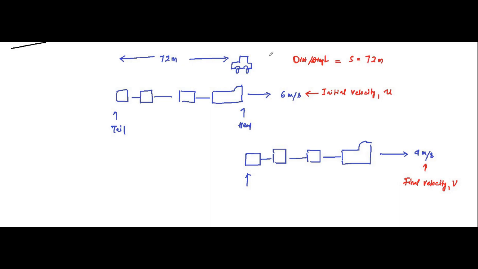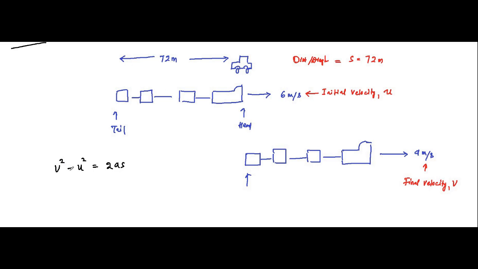Now it has been asked to find the acceleration and the time. So here we have to find a formula which involves the final velocity, initial velocity, acceleration and displacement. So we have v square minus u square is equal to 2as.